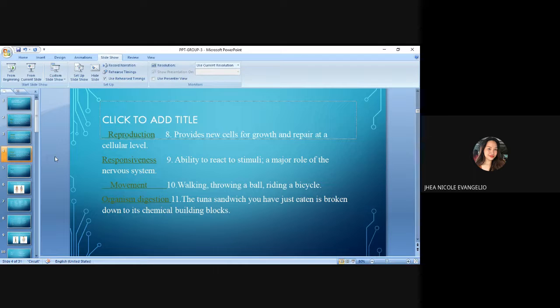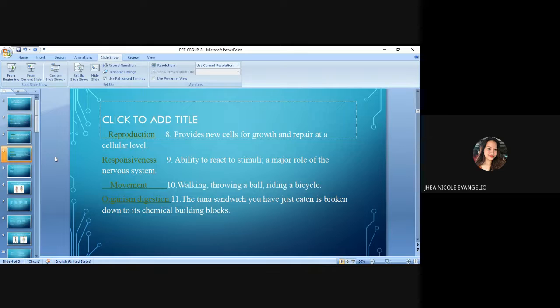Number 8, provides new cells for growth and repair at a cellular level. The answer is reproduction. There are two types, asexual and sexual. Number 9, ability to react to stimuli, a major role of the nervous system. The answer is responsiveness, or the ability to sense changes and react.